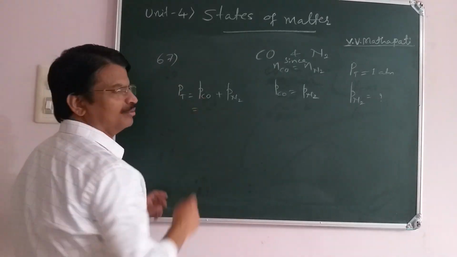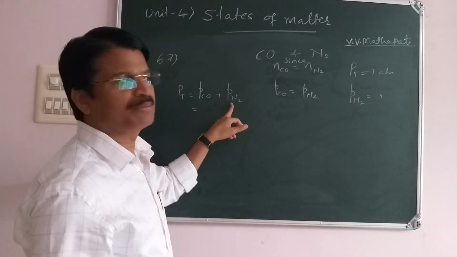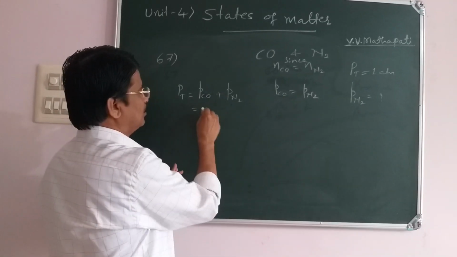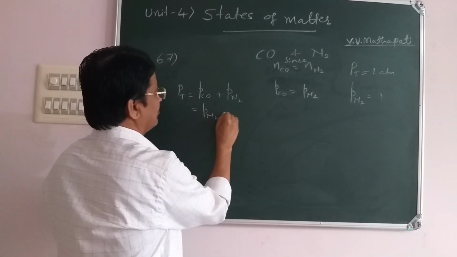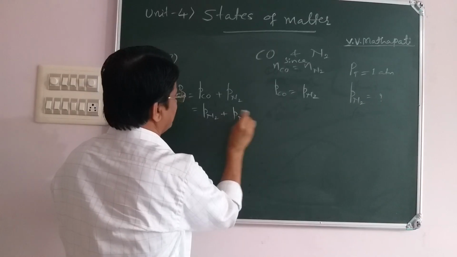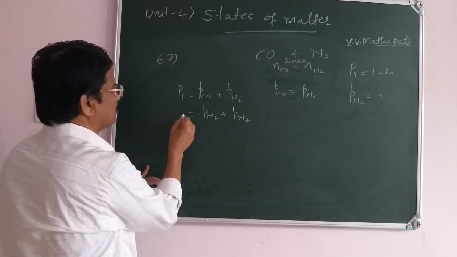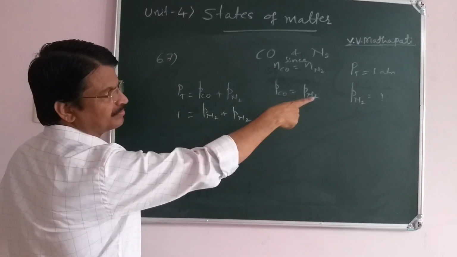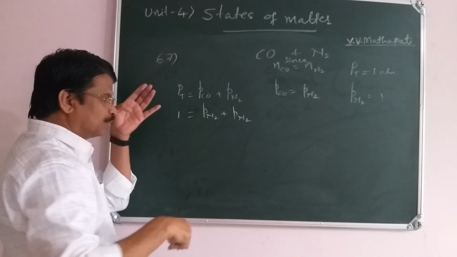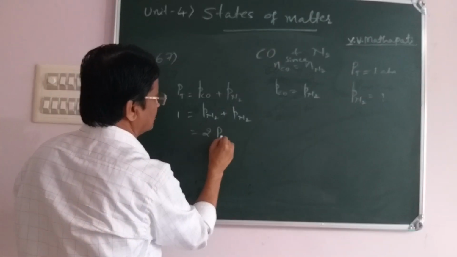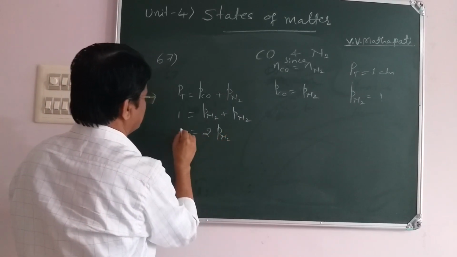In the question they asked for the partial pressure of N2, so in place of P of CO, I can write P of N2. Total pressure is 1 atmosphere, so 2 P of N2 equal to 1.